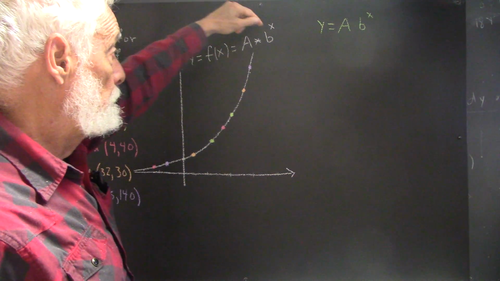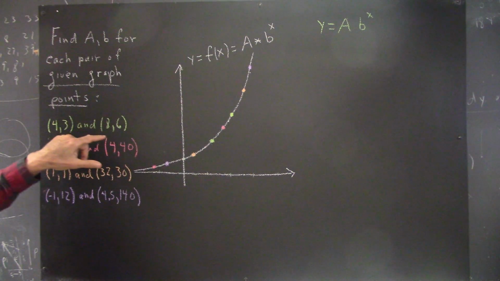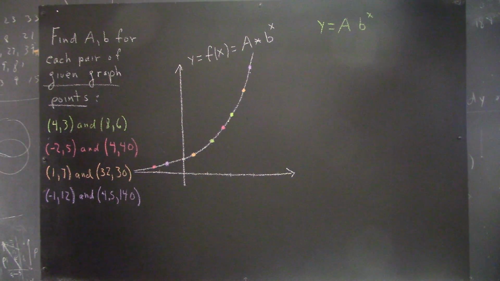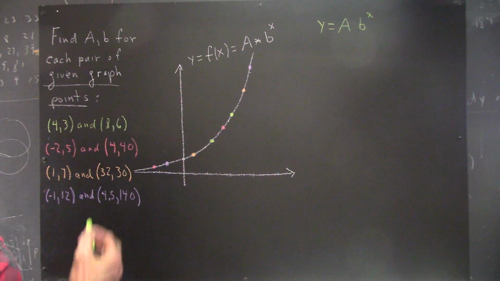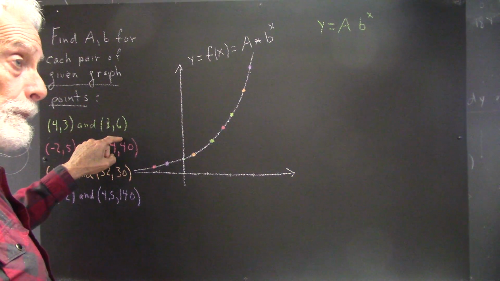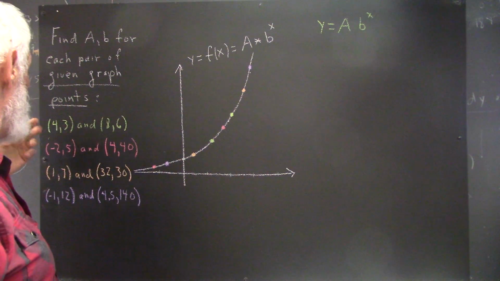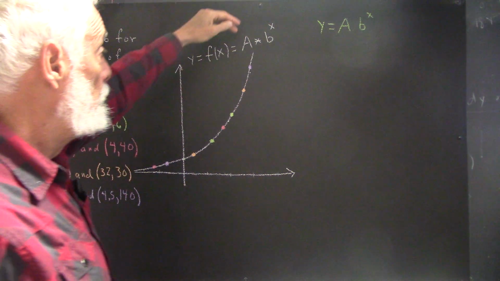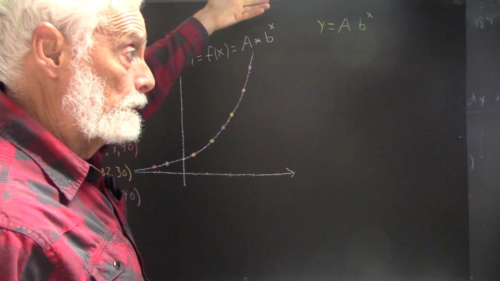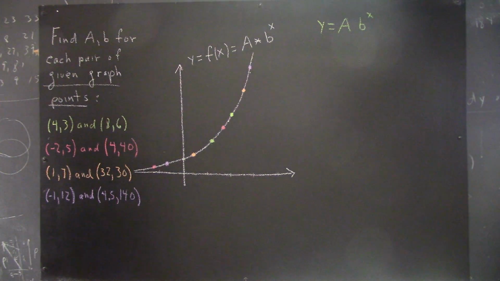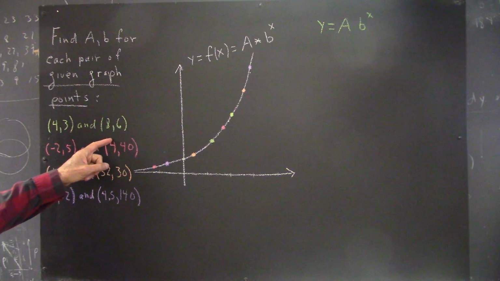Okay, so a and b can be adjusted to make these 2 points fit. And the process is going to involve simply obtaining an equation for each point. And each point will give us an equation with unknowns a and b, and then we simply solve the equations simultaneously.